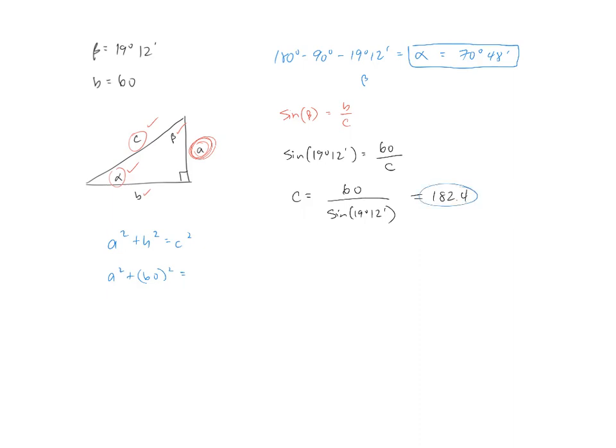Now, the 182.4 squared is what I'm going to write on the screen, but remember this is a rounded number, so try not to use the rounded number in the next calculation. Use the number that's in your calculator. The store and recall button work great for something like this, so that's something to consider. So A then would equal the 182.4 squared minus the 60 squared, all square rooted, which gives us 172.3 for an A value, rounded to 1 decimal place.